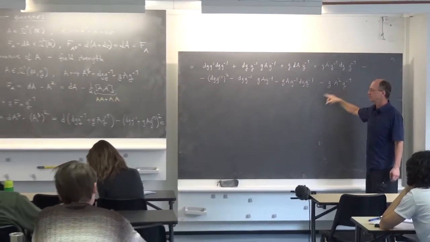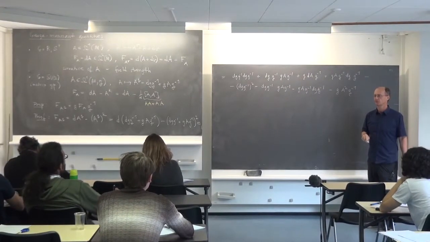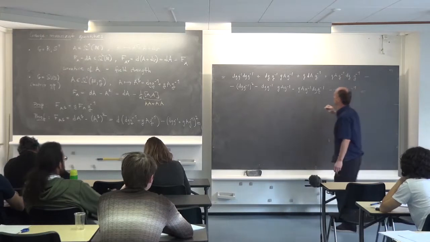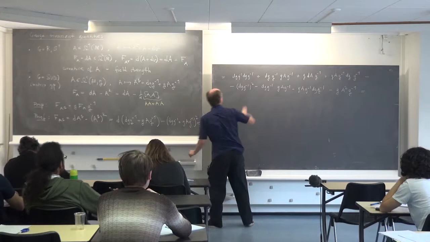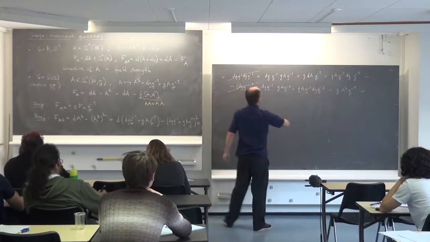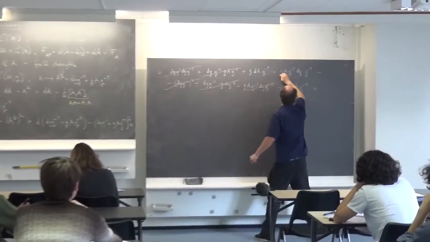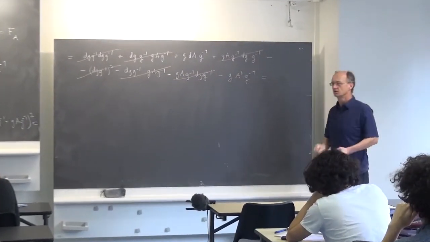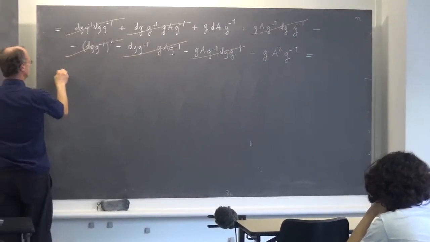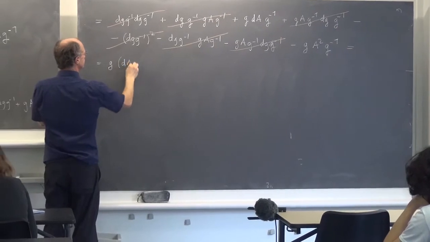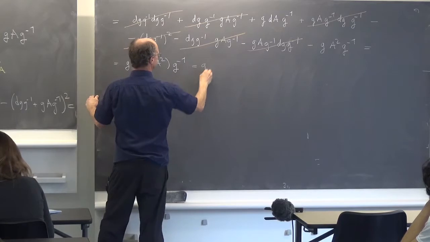Now there are not that many. So this is the square of g A g^-1. We agree on that. Now the lucky cancellations: this cancels this, that cancels that, and so basically almost all the terms disappear to give g (dA minus A squared) g^-1.